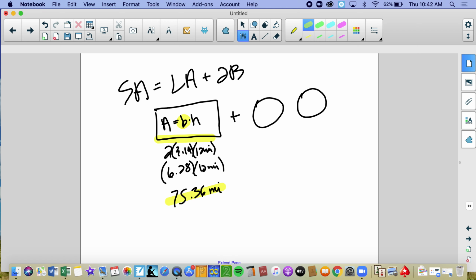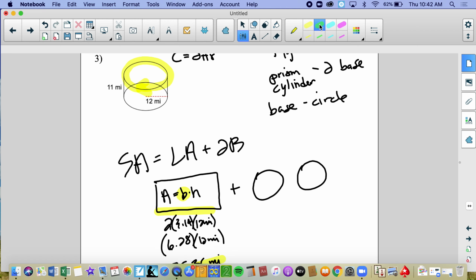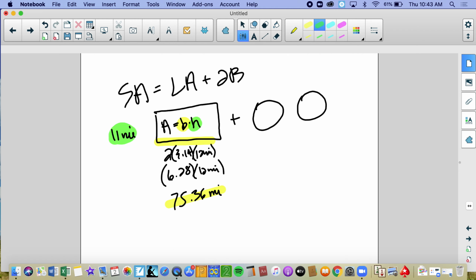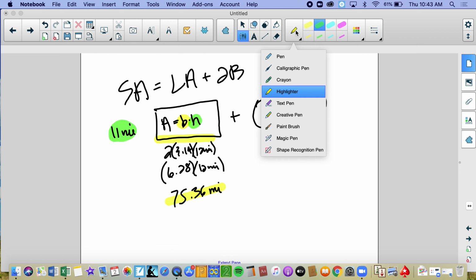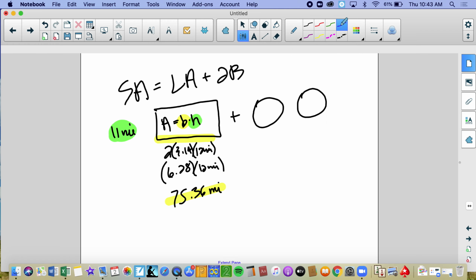The base is going to be 75.36. And then we know the height is always going to be the distance between the two bases. So that height in this case is going to be 11 miles. If we want to find the area, we multiply the base times the height.